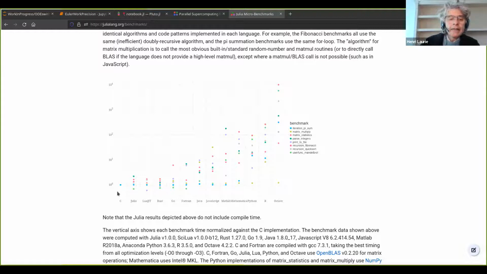And here are the timings relative to C. So you see that a number of languages, Julia, Lua JIT, Rust, Go, and Fortran, are all able to beat C on at least one of these benchmarks. But if they don't beat C, they're within a factor of a few small integers, 2 or 3 times the time for C.